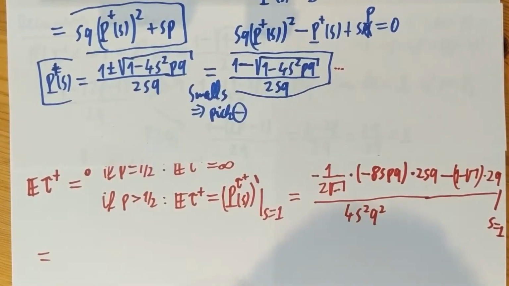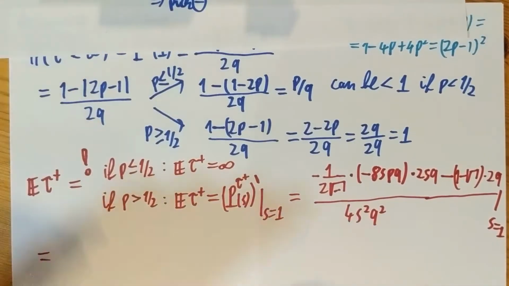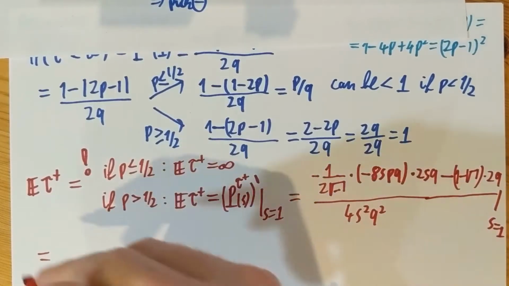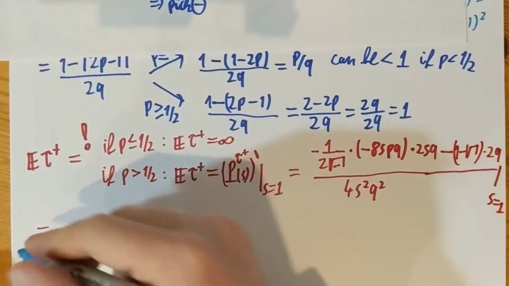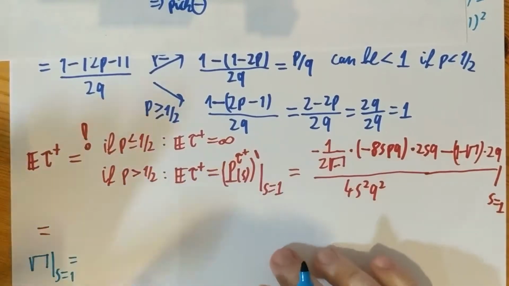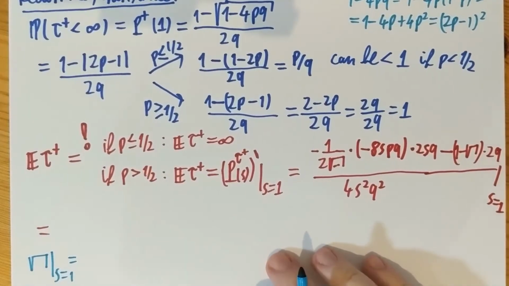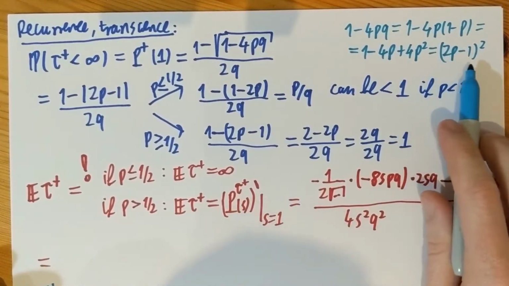Let's plug it in at s equals 1, and also simplify with a couple of things we can. What happens to the square root at s equals 1 is that it gives me the mod of 2p minus 1.